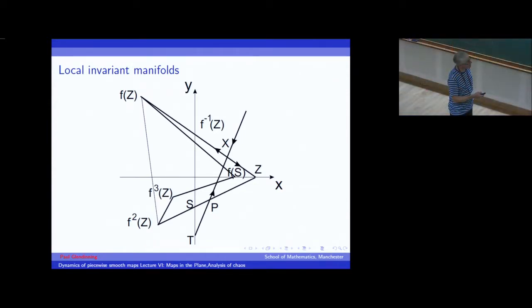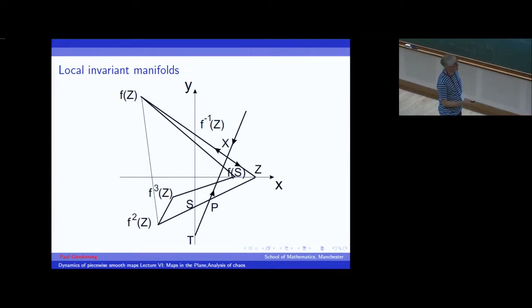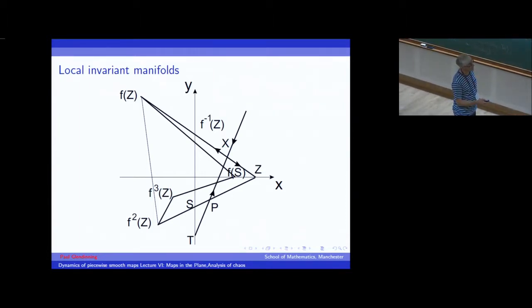Now let's look at the unstable manifold. The unstable manifold intersects the x-axis at z. Now the image under the border collision normal form of the x-axis is the y-axis, which is the boundary.